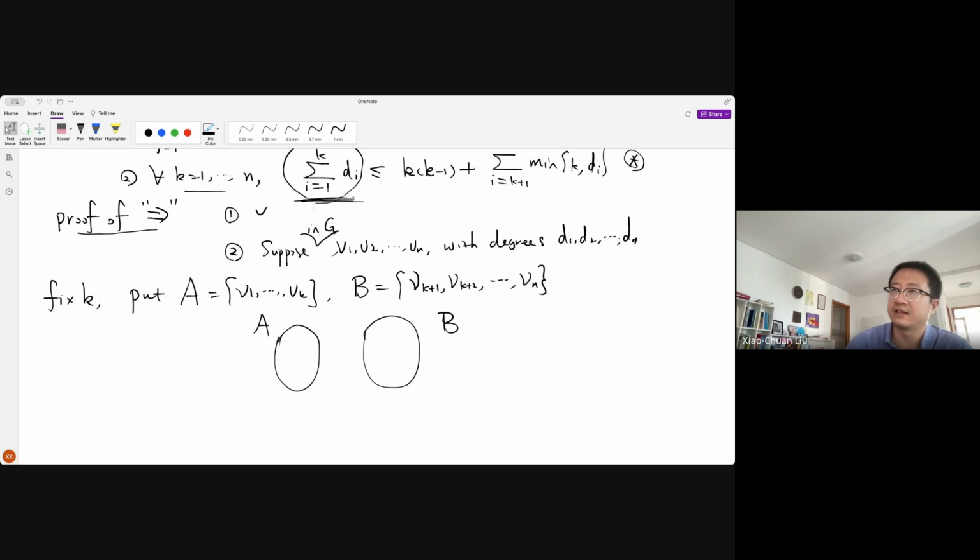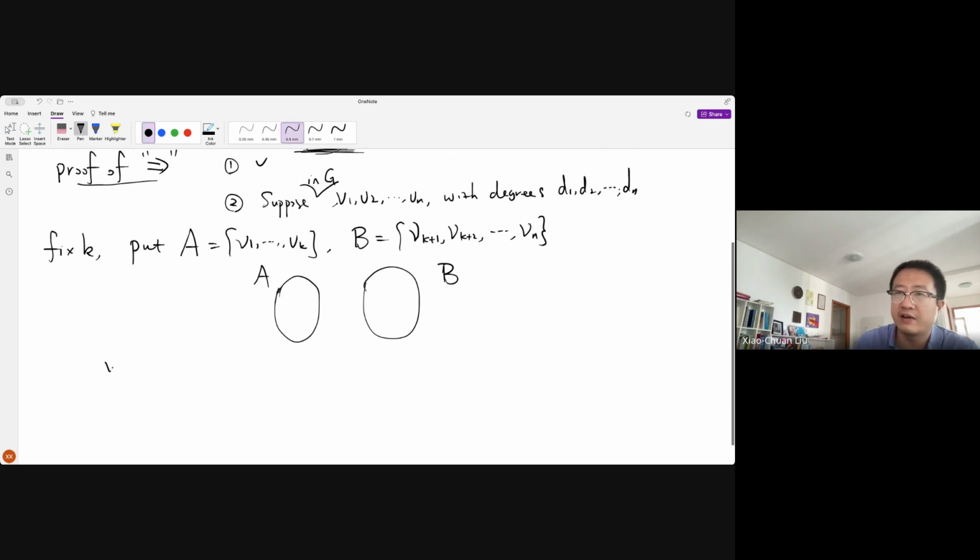The left-hand side. What is the sum of d_i from i equals 1 to k? For example, here we have v1, and we sum all its edges.